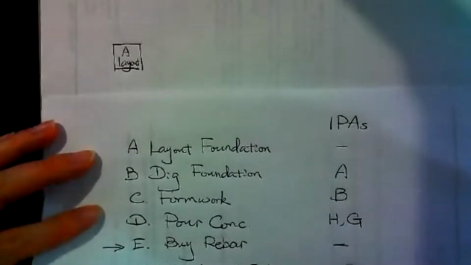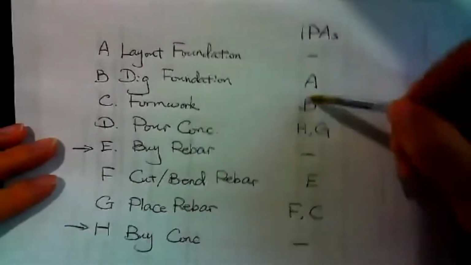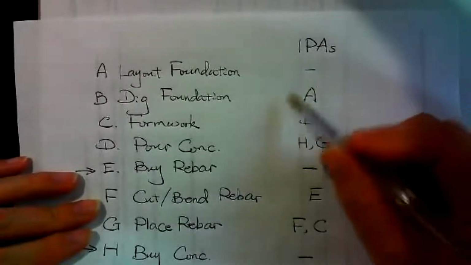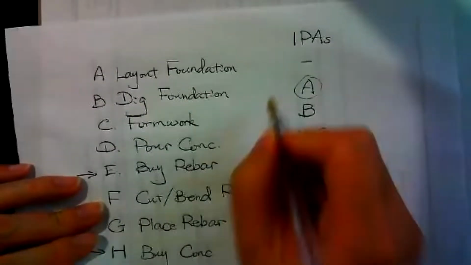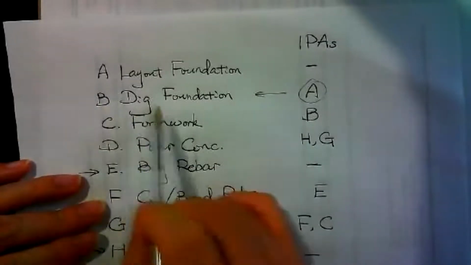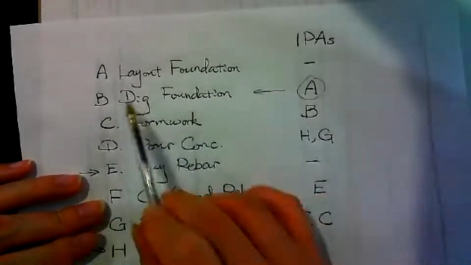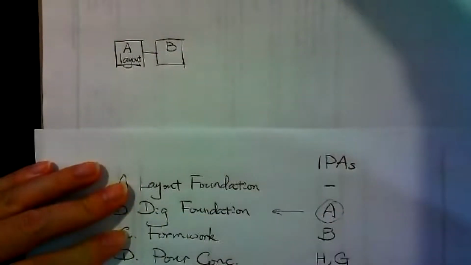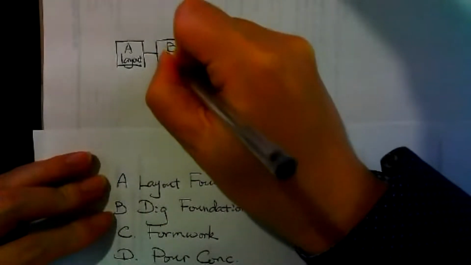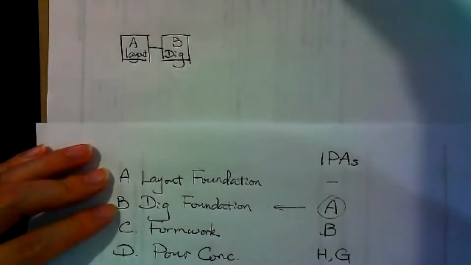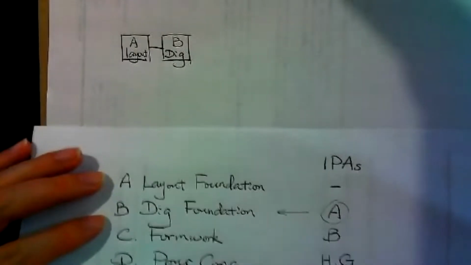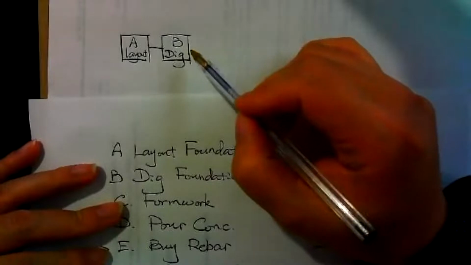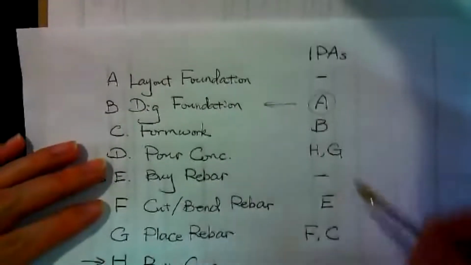And then what's next? You find from the IPA list, A is the first, then you find A in the table. A is over here. What activity is that? Is B. So that means B is following A. So next one over here, we're gonna draw B because B is following A. Okay, B is dig foundation. Okay, then now the end is B. Then we find B in my table.